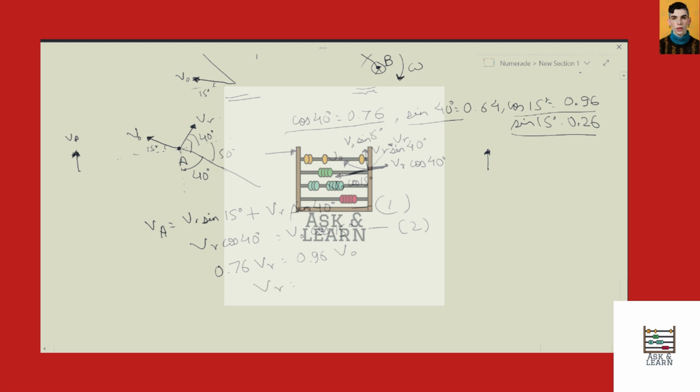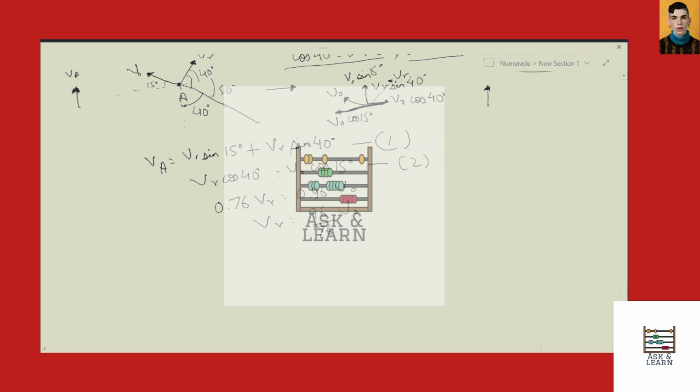So this is 0.76. VR equals cosine 15 is 0.96, and then this is V naught. So VR is 96 over 76 V naught, and 96 over 76 can be simplified as 1.26. So this is 1.26 V naught.